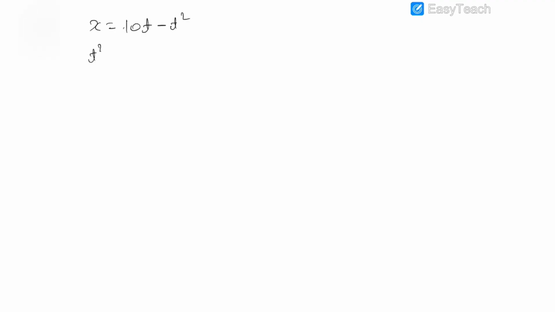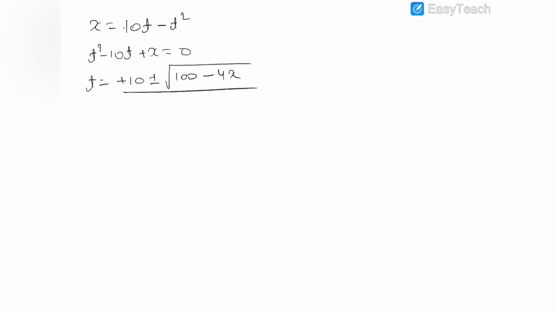So t square minus 10t plus x is 0. So t will be equal to 10 plus minus under root of 100 minus 4x, divided by 2. Okay, so let us put the value of x as 10.